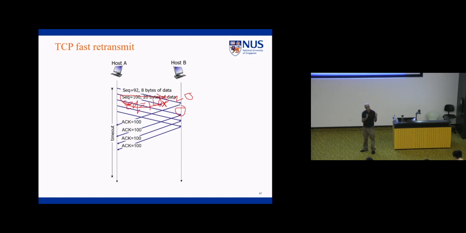I have only received up to 99 correctly. I have not received 100. So the acknowledgement for this will still say, I'm looking for 100. I have previously sent an acknowledgement that already says, give me 100. So this one is a duplicate.